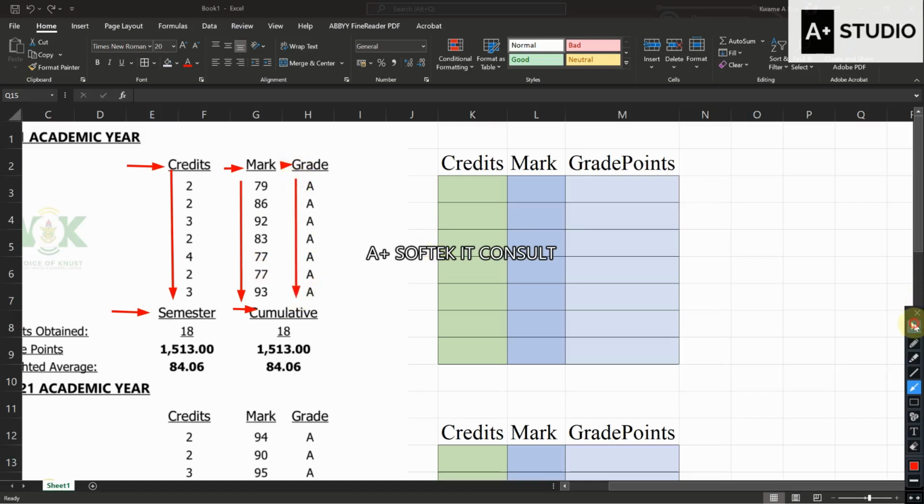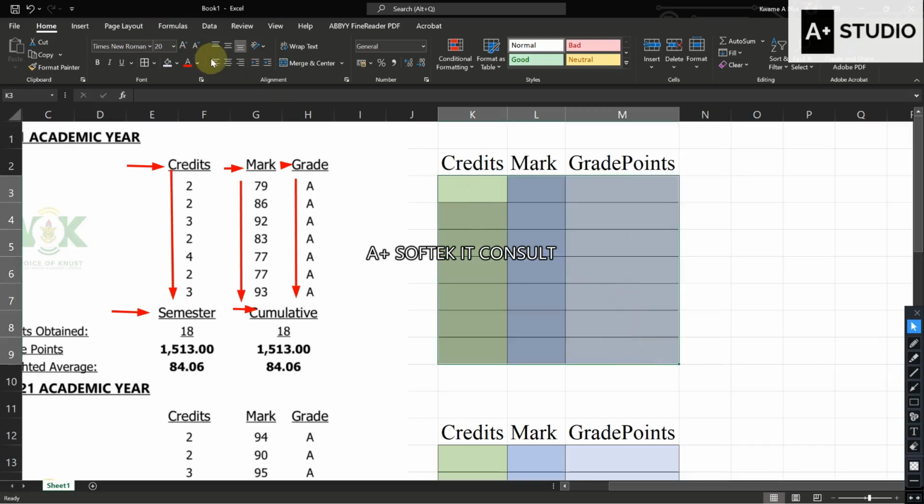Okay, so let's look at how we're going to do this calculation. We want to find the CWA of this particular student. So first of all, let me put this one in here, CWA.